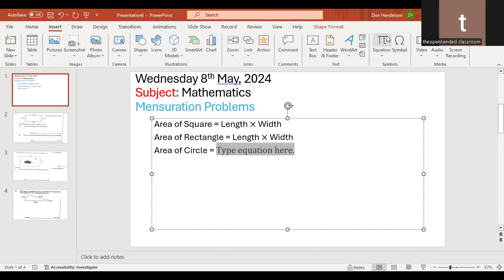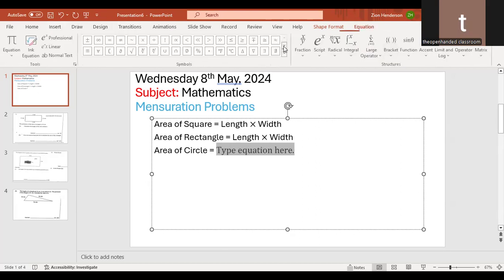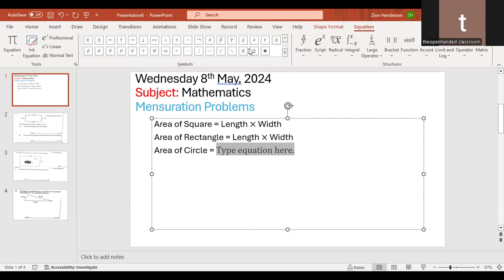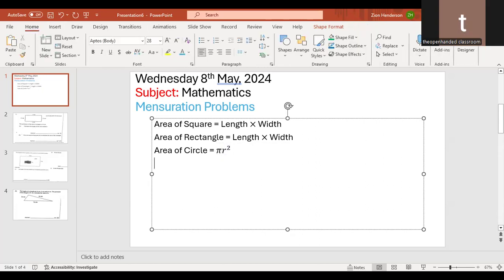So the area of a circle is going to be pi r squared, where pi is equal to 3.14. Pi could also be 3, or 22 over 7, whatever they tell you that pi is.